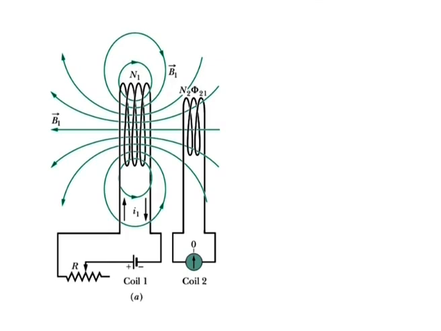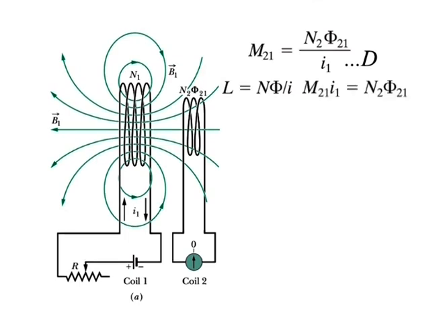turns of coil 2. We define the mutual inductance M21 of coil 2 with respect to coil 1 as M21 is equal to N2 into phi 21 divided by I1, which has the same form as L is equal to N phi upon I, the definition of inductance. We can then recast this equation as M21 into I1 is equal to N2 into phi 21.